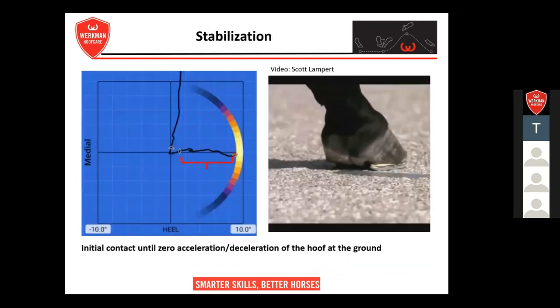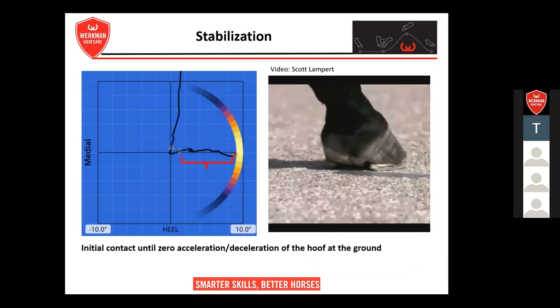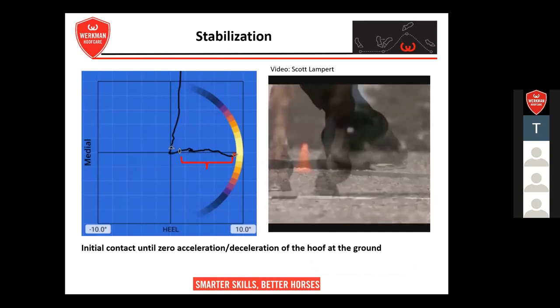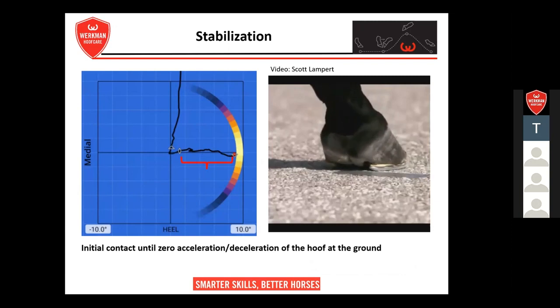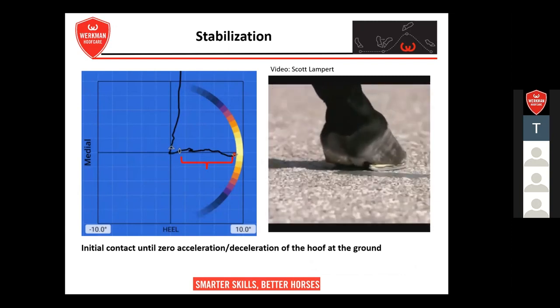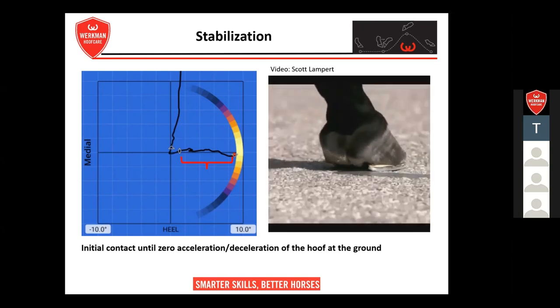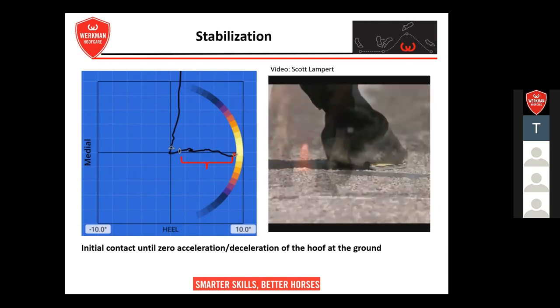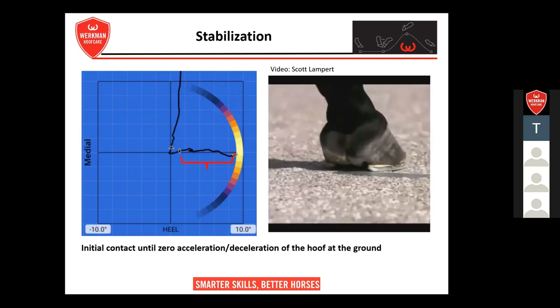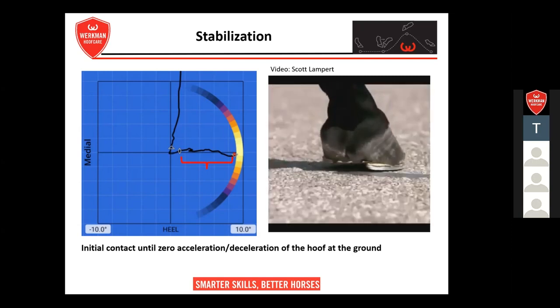And the second aspect of landing is the stabilization phase. This is from initial contact until zero acceleration or deceleration of the hoof on the ground. And if you see the horse sliding, for example, this is also part of stabilization. So of course, we have initial contact, but then we have a phase when a lot of things happen to the hoofs. They need to stabilize and have full ground contact.